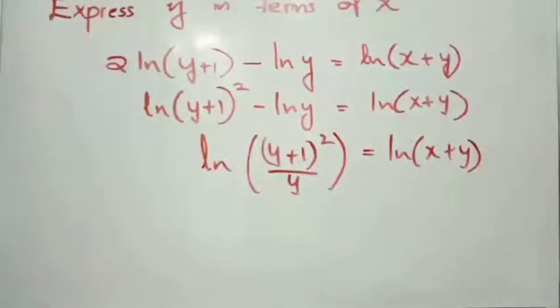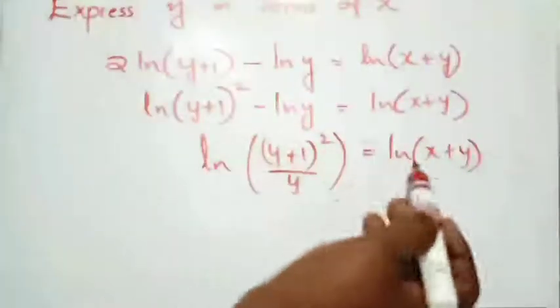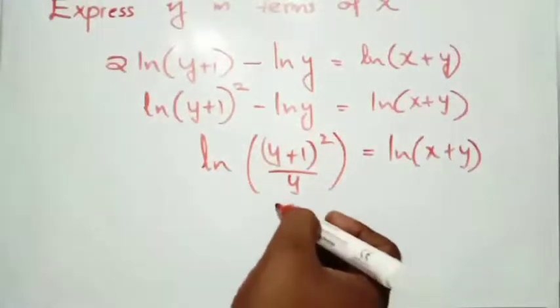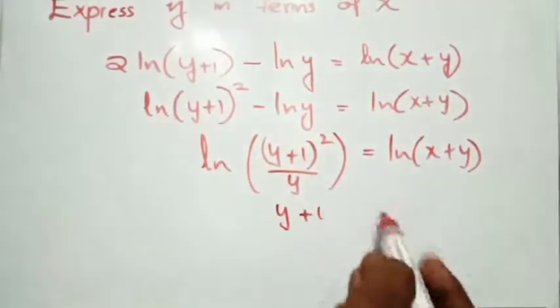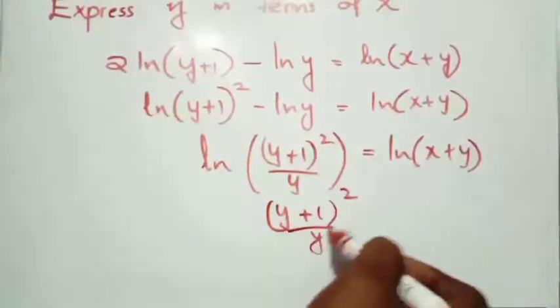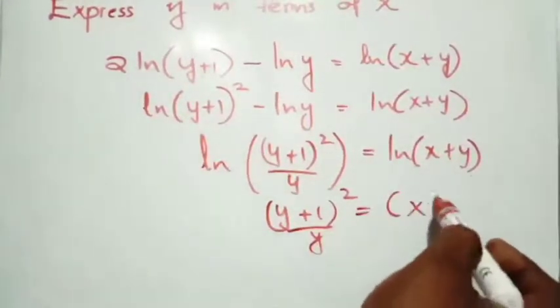So what is the next process that can be done? Yes, we have logarithms on both sides, which can be cancelled. So we get (y plus 1) the whole squared by y is equal to x plus y.